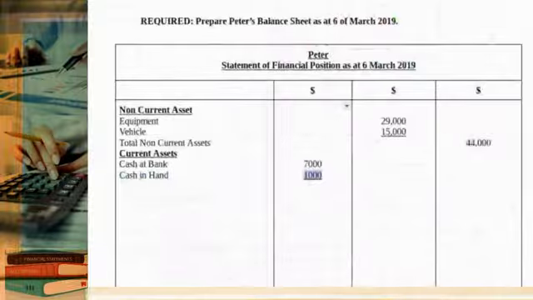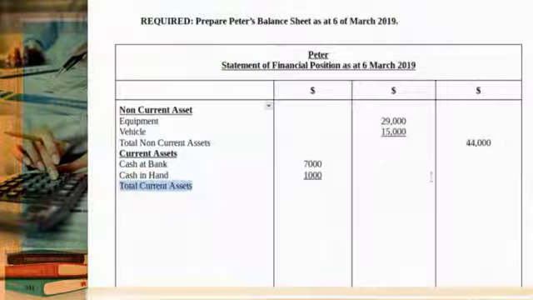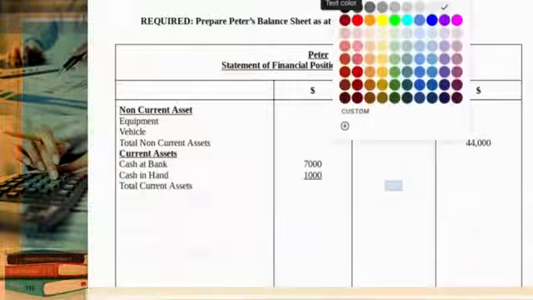So seeing that we only had two current assets, we're going to total our current assets. So $7,000 plus $1,000 gives us $8,000. I will put that $8,000 right here in the middle column.